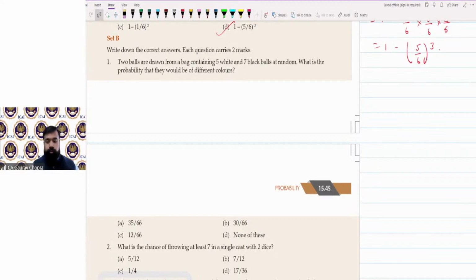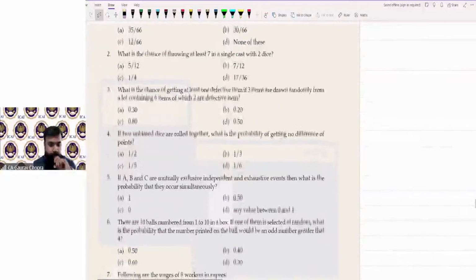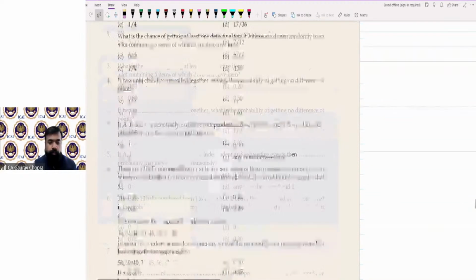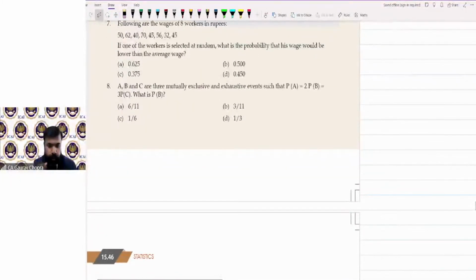All right. Now, let's try some more. Yes, the 8th one. Question number 8 from page number 15.45.